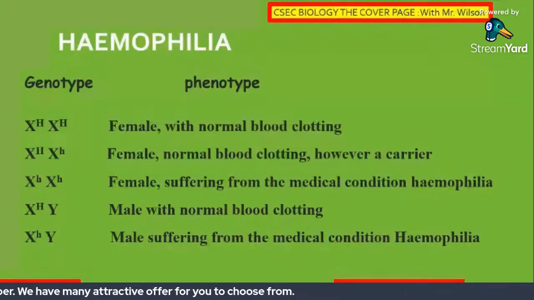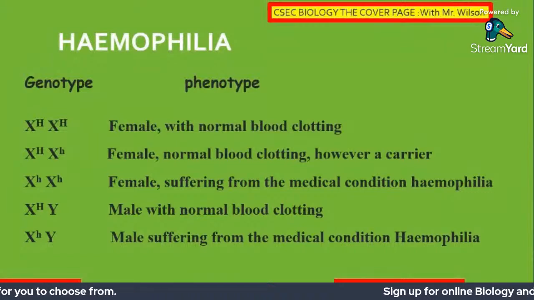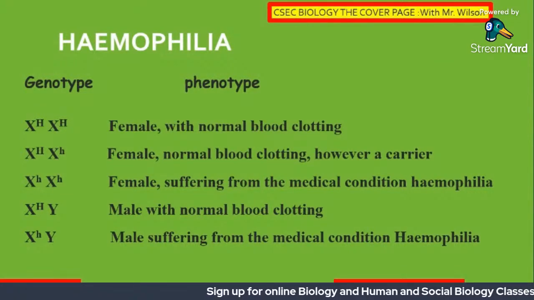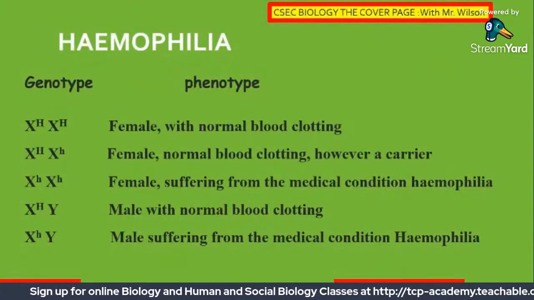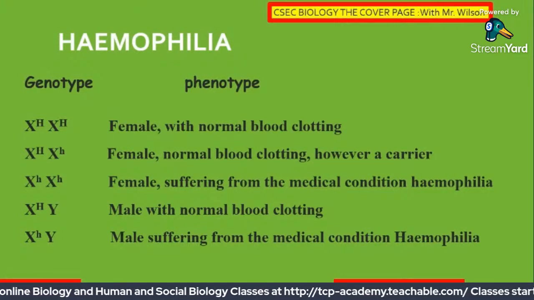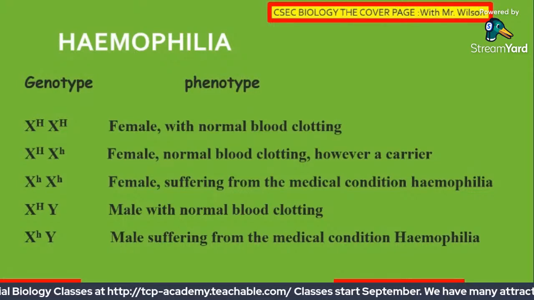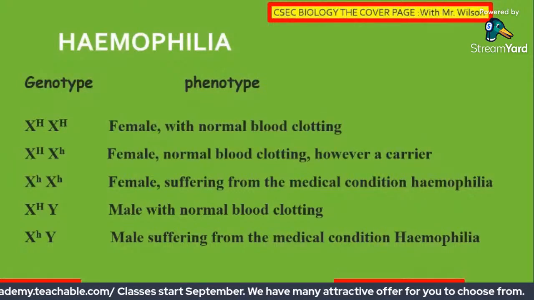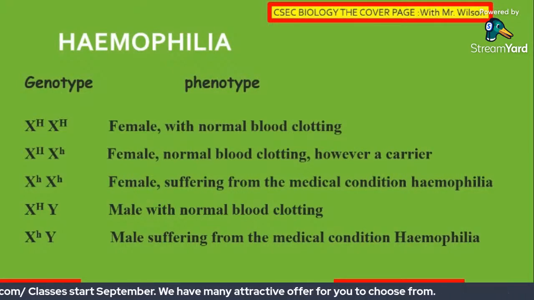The other individual is a male, and this is a male with normal blood clotting, as this male has the dominant allele H, which will cause this individual to have normal blood clotting. The last male is a male that suffers from the condition hemophilia, so we say that he's hemophilic, as he has the recessive allele for hemophilia.